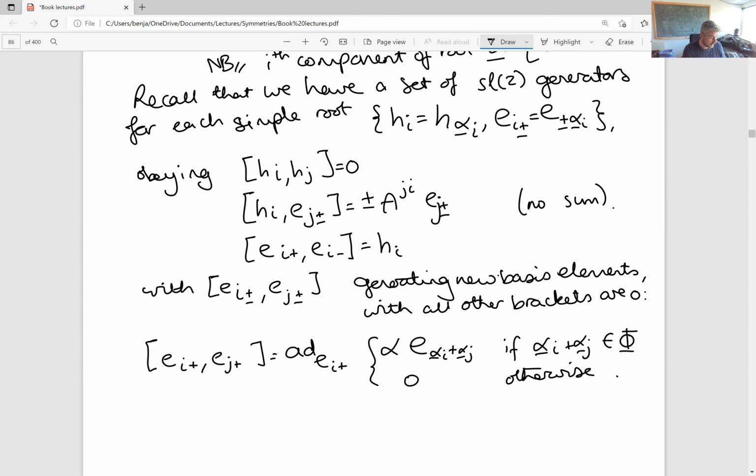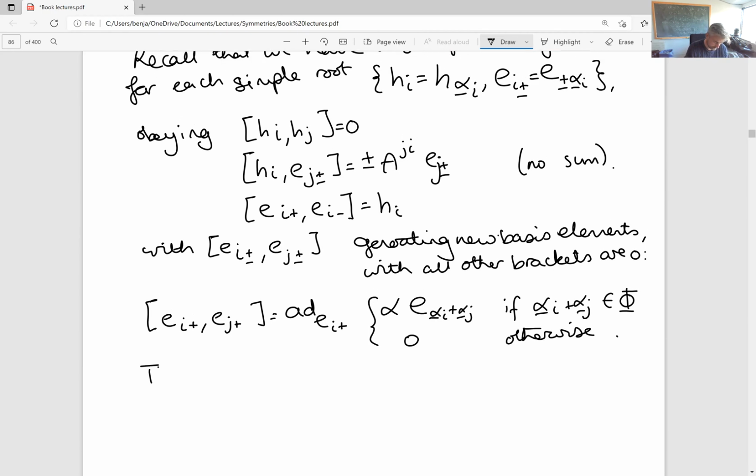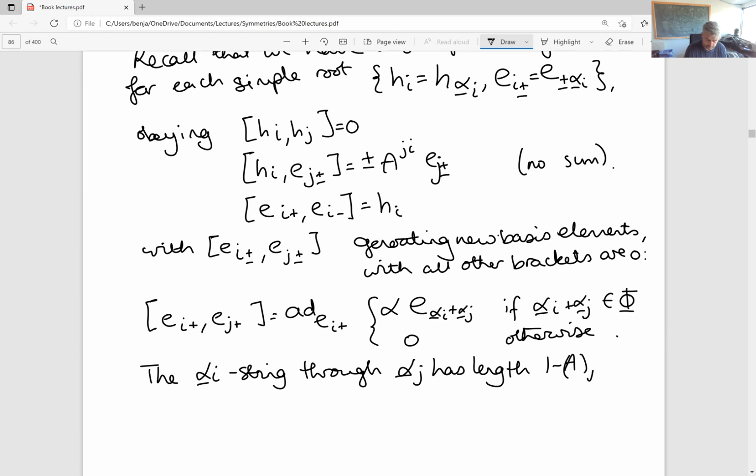So the alpha_i string through alpha_j has length 1 minus the element of the Cartan matrix, A_ji.